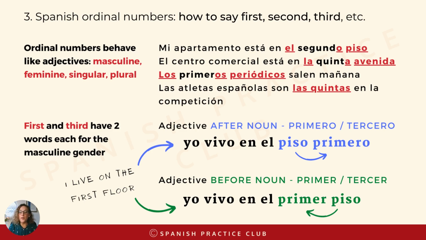So yo vivo en el piso primero, or yo vivo en el primer piso. If you want to put the adjective before the noun, just drop the O for the first and the third only. Both of them mean exactly the same. It's just the word order that you need to bear in mind when to drop the O or when you need to use the full word.